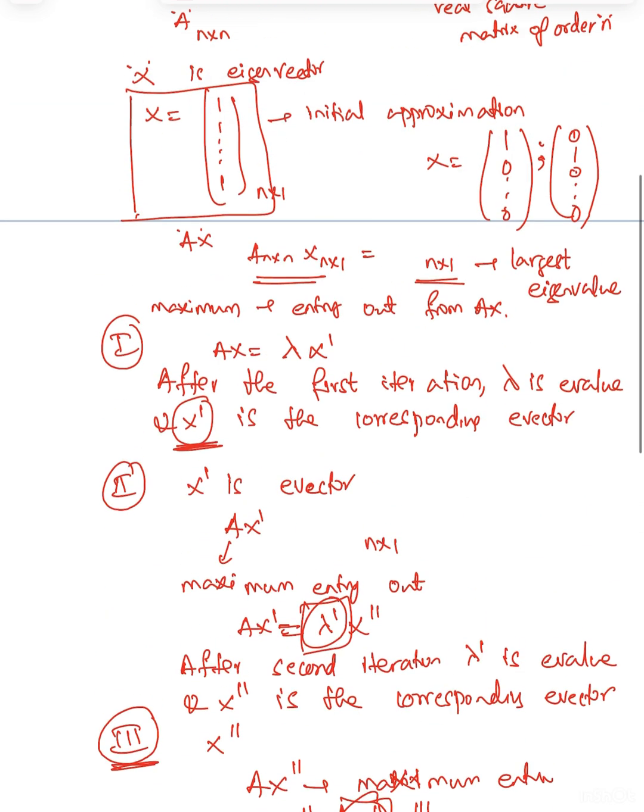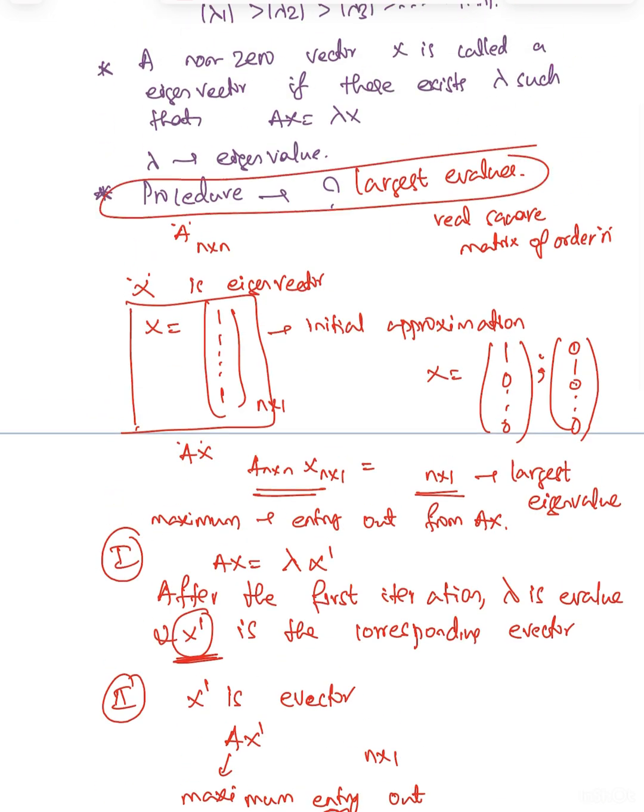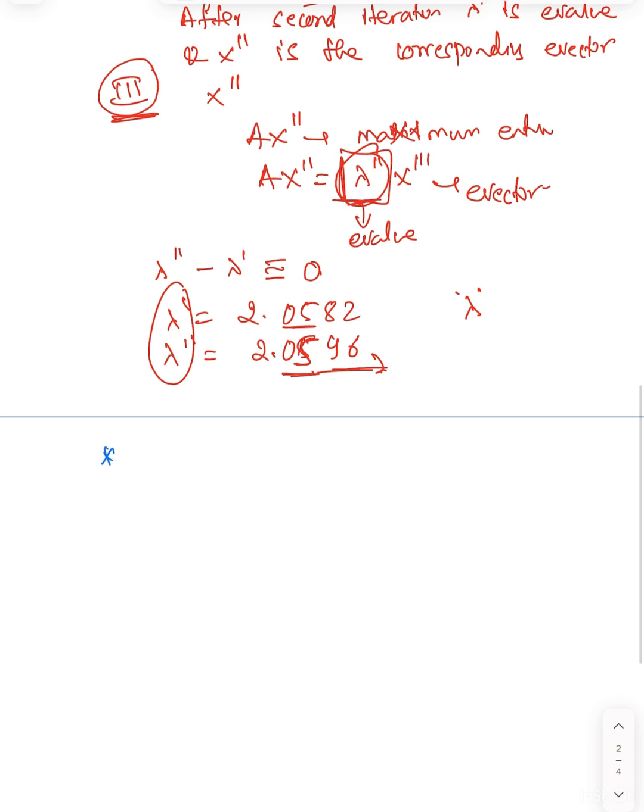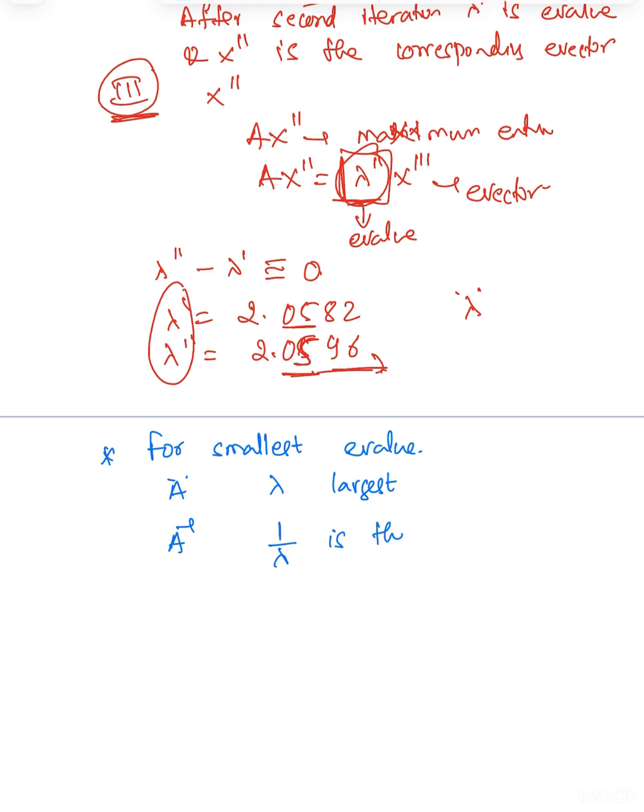The procedure we have seen so far is for the largest eigenvalue. So how do we find the smallest eigenvalue? If A is a matrix and lambda is an eigenvalue, then for A inverse, 1 by lambda is an eigenvalue, provided lambda is non-zero.